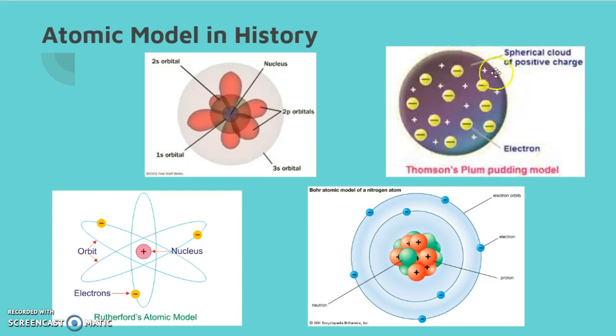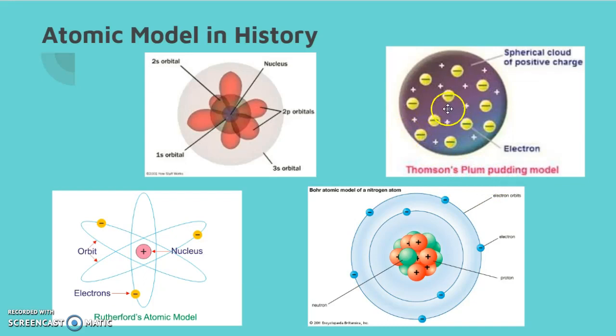Since there was no real understanding of where protons and electrons were in the atom, he just drew his model as a positive circle with some negative charges floating around in there. It's the same idea as a chocolate chip cookie, but plum pudding was something that people used to eat in that day, so that's why they called it that.